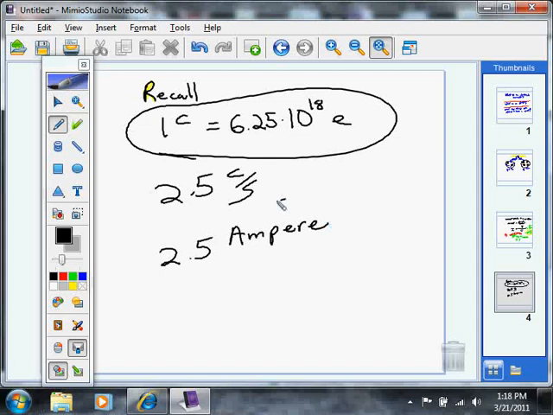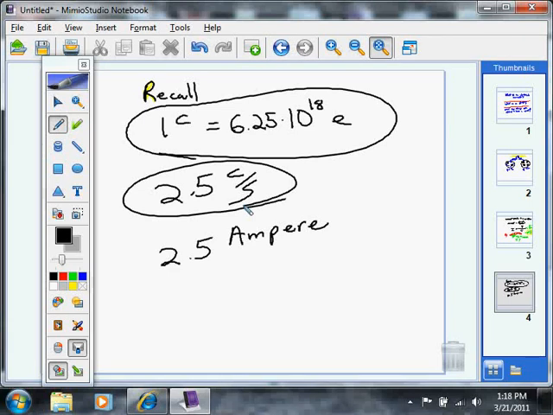Like coulombs per second, those are great units because they're self-explanatory. Oh, there's 2.5 coulombs going through the wire each second. But 2 amperes, it's very easy to forget the meaning. So every time you read that word ampere, you should automatically train your brain to think of coulombs per second.